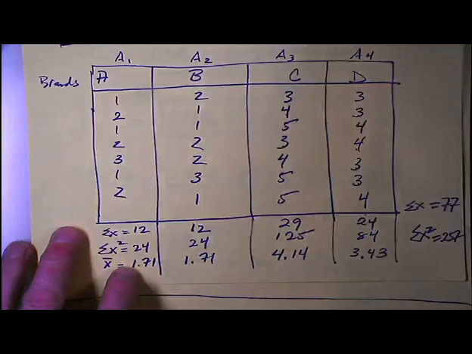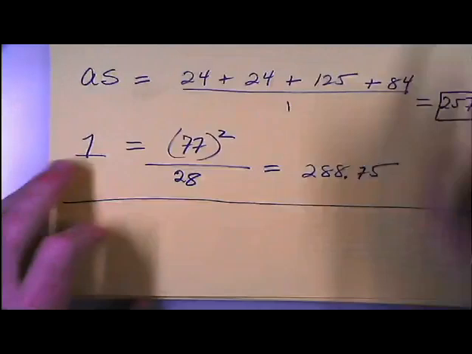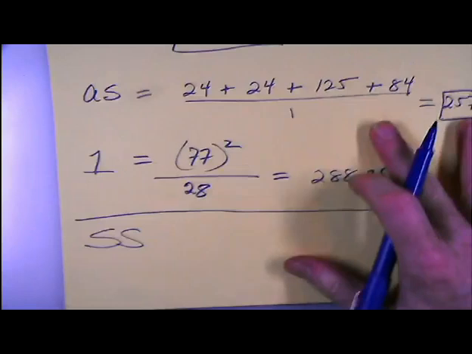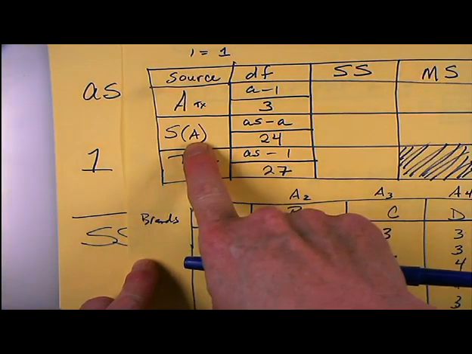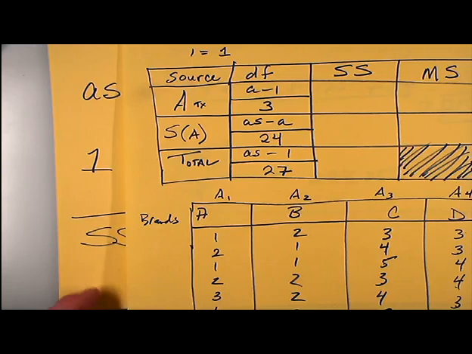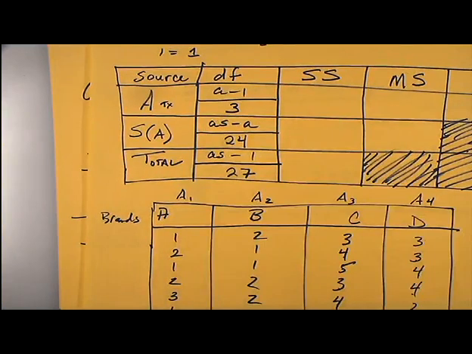Okay. So the next thing we're going to do is get our sum of squares values. There's a sum of squares for the A term, a sum of squares for the subjects nested in A term, and a sum of squares for the total. Where did I tell you the formulas were to get these sums of squares?